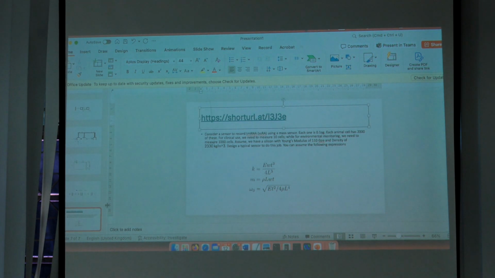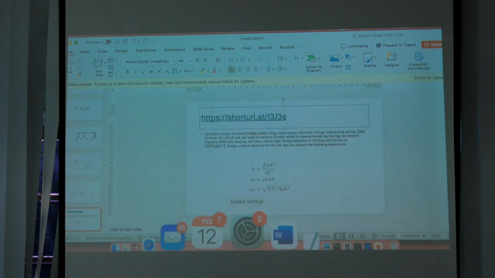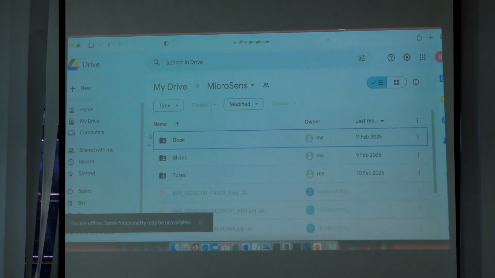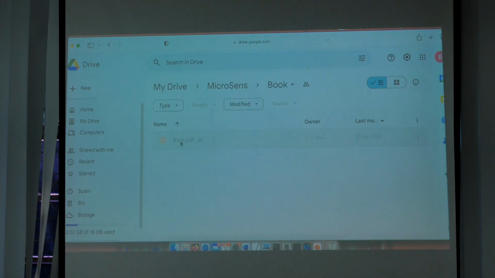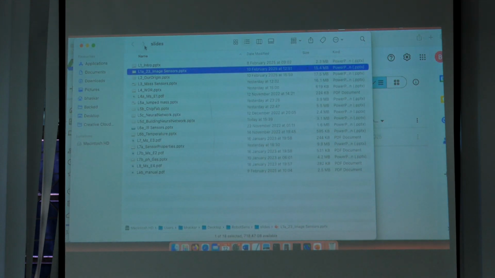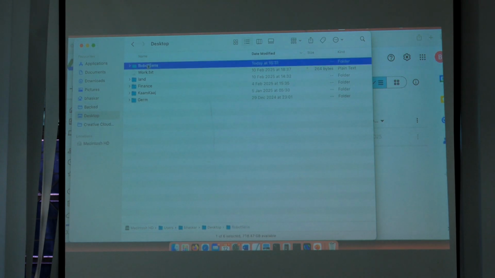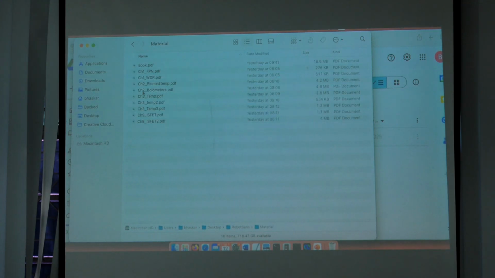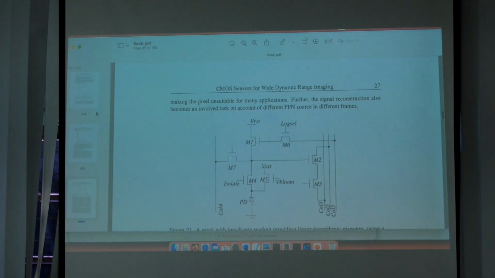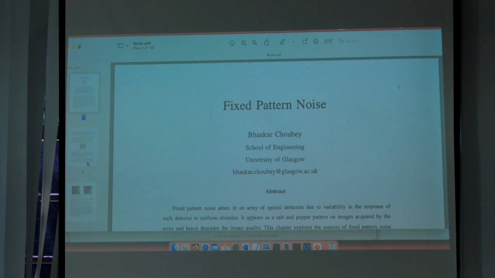You will be getting most of my lecture slides as printouts. Because the network is slow, I will just show you what is there in the book. It is a 130 odd page book. You don't have to read all of this, but I have given 2 book chapters which I wrote.